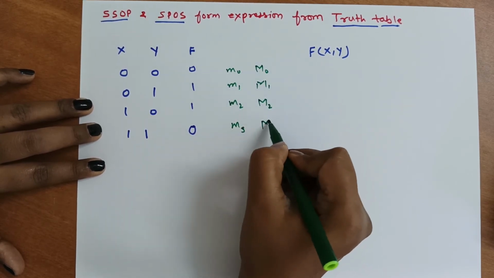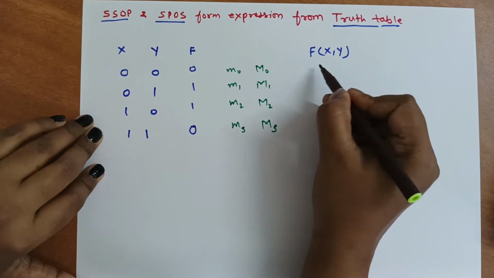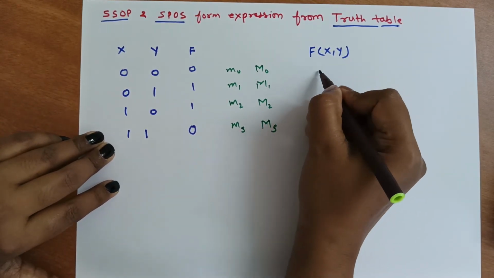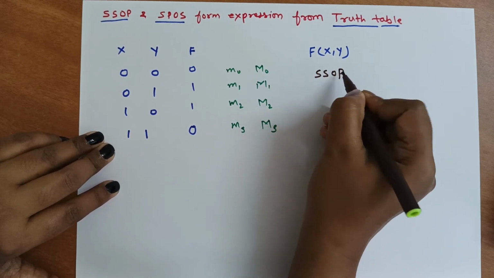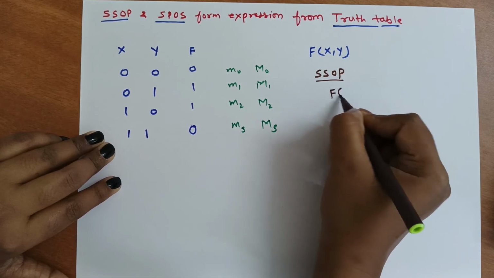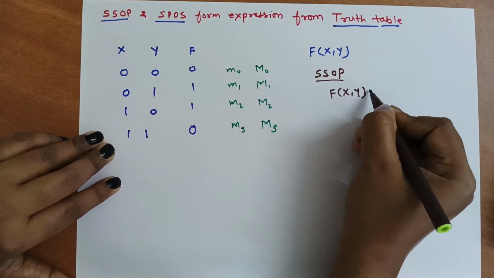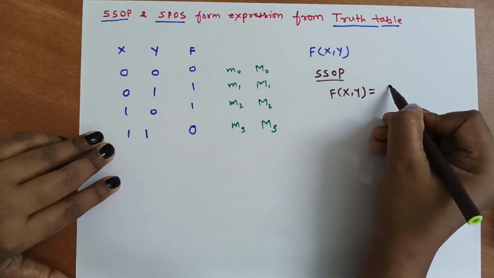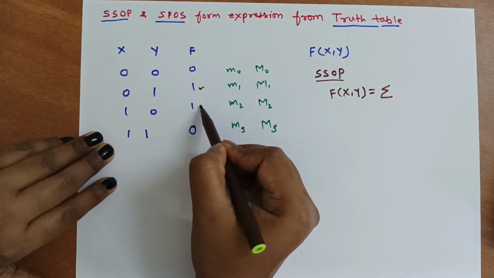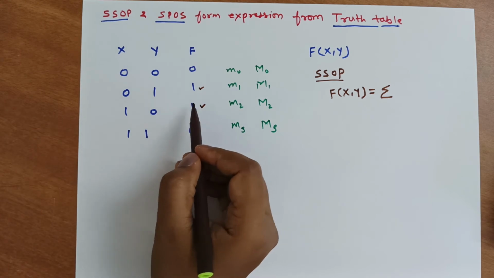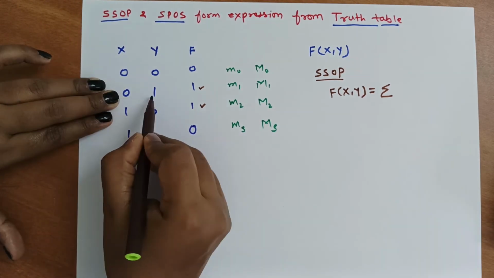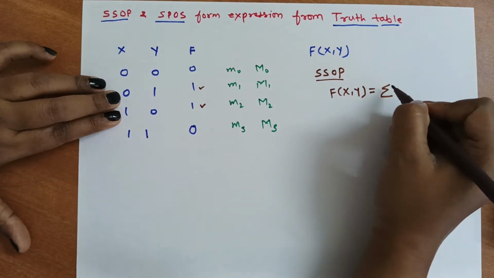So this function f of xy can be written in SOP form, that is standard sum of product form, as f of xy equals summation of the terms where the output is 1. This is the output 1. So for this, the min terms will be x bar y and xy bar.